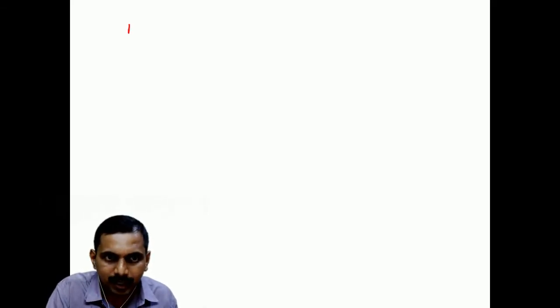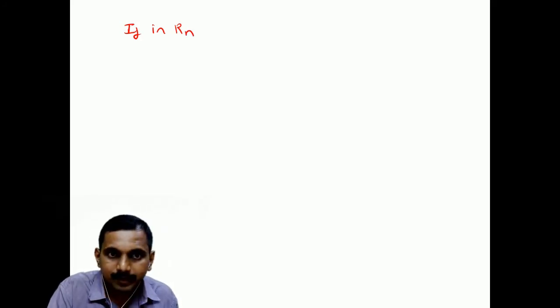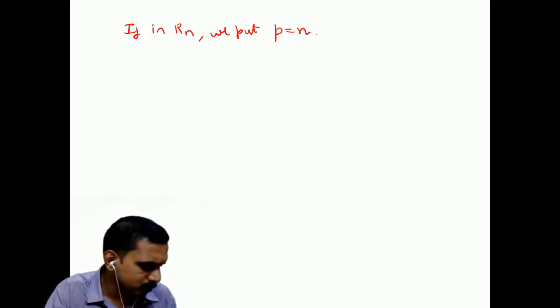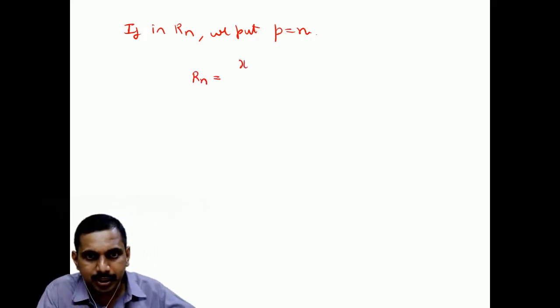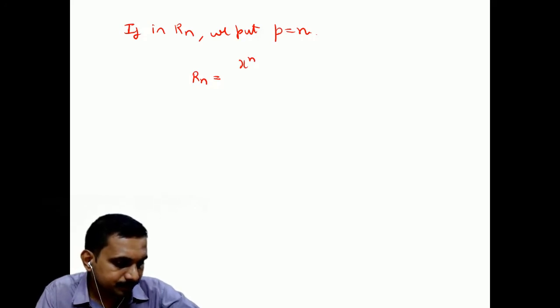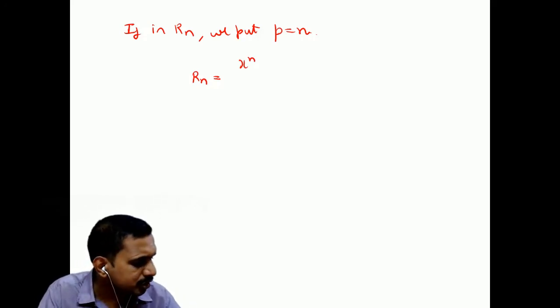This remainder Rn is called the Lagrange remainder. If in Rn we put p equal to n, then the remainder Rn becomes h raised to n.